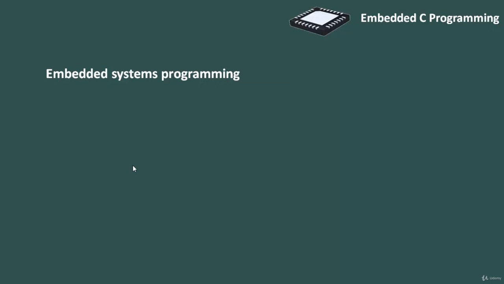Embedded system programming is different from developing application on desktop computers. The key characteristics of embedded system when compared to the PC or desktop are: embedded devices have resource constraint.